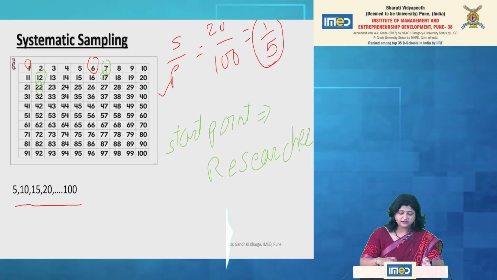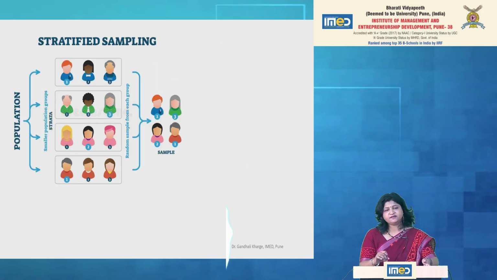Then next is stratified random sampling. Now first of all, what does strata mean? Strata means we are dividing our population, or our sample, into different groups, and each group is considered a strata.